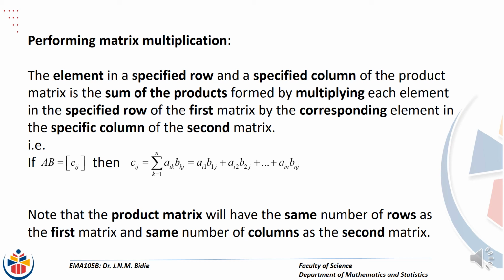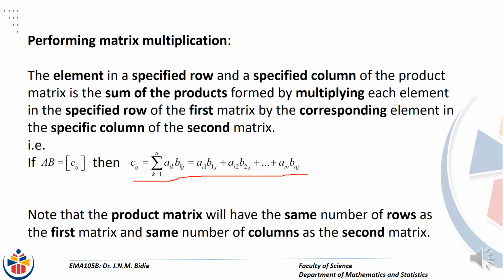So please make sure that that requirement is met before you continue. Then, to perform the specific multiplication, we need to remember, in order to get the entries of the product matrix, we have Cij equal to the sum of Aik times Bkj.